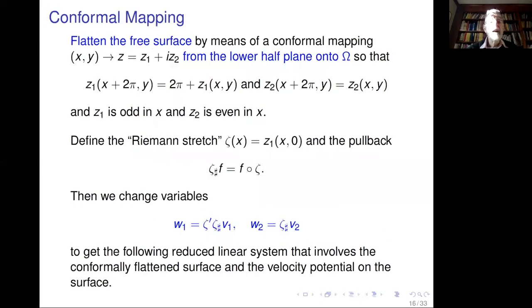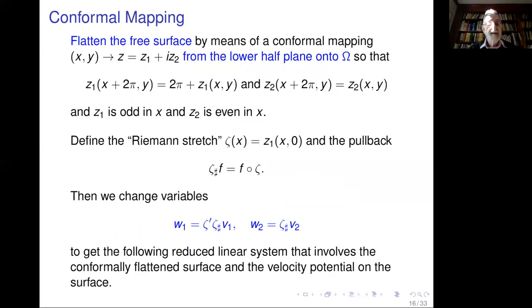Okay, and now I still have the surface is still unknown. The domain is unknown. So I'm going to take this domain, which has a wiggly top, and map it onto something which is just flat on top.